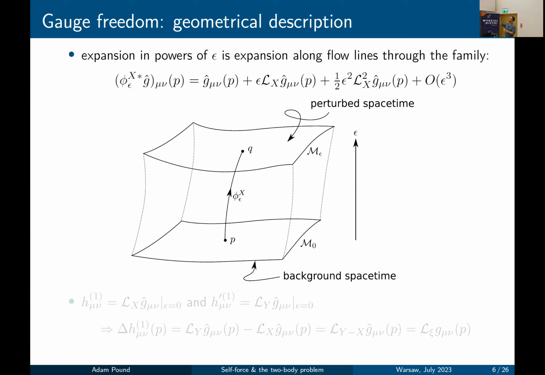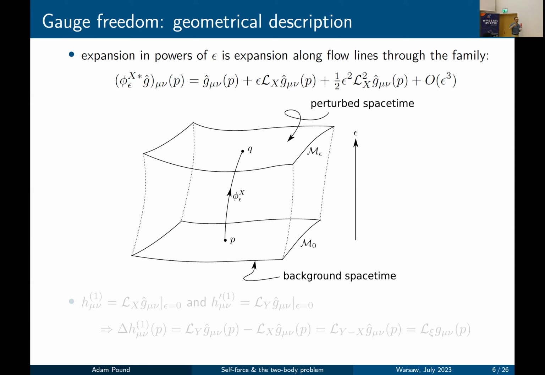And the only way to do that is you have curves going from the top down to the bottom. A family of curves, you're following a family of curves and doing a Taylor series along those curves. So here's just an example of one curve, where we're going from a point P in the background manifold up to point Q in the perturbed manifold.